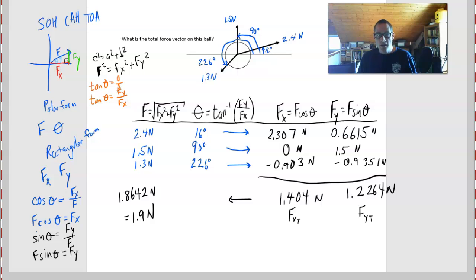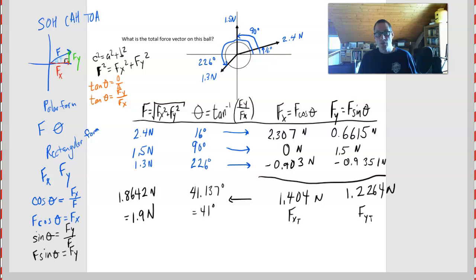And for theta, we use the tan inverse of f of y over f of x. So f of y is 1.2264 divided by 1.404. I'm going to take the tan inverse of that, and we get 41.137 degrees, which is rounded to 41 degrees.